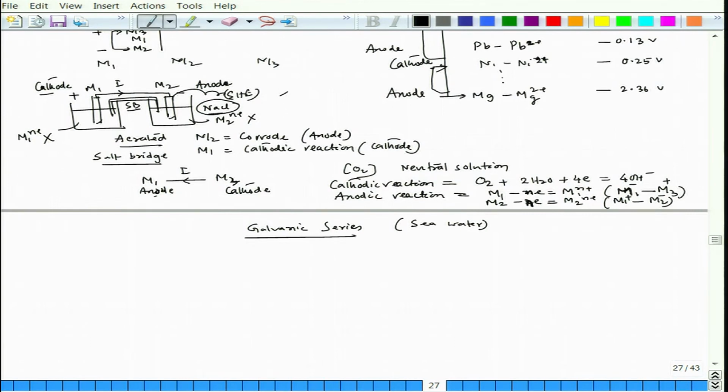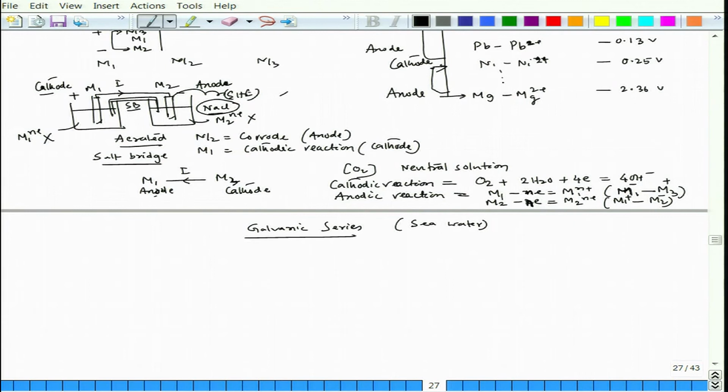In order to understand the industrial applicability of galvanic series, we have to see a complete galvanic series and see how we select materials in order to prevent corrosion related problems.